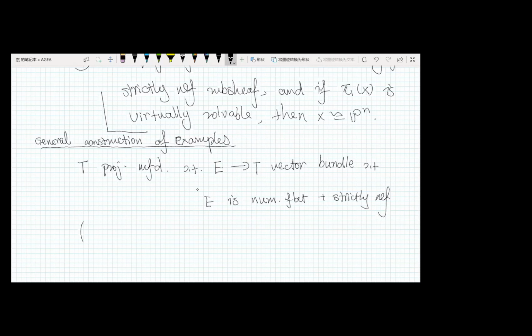For example, for T equal to a curve C of genus at least 2, and the rank of E equals 2, this is Mumford's example.